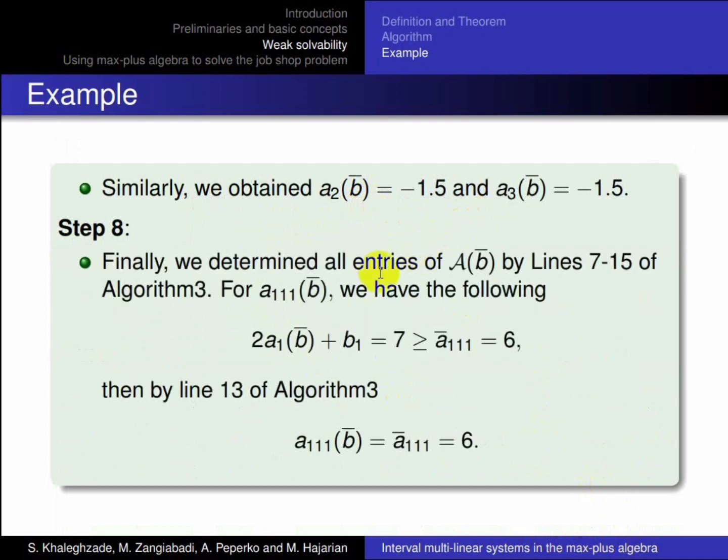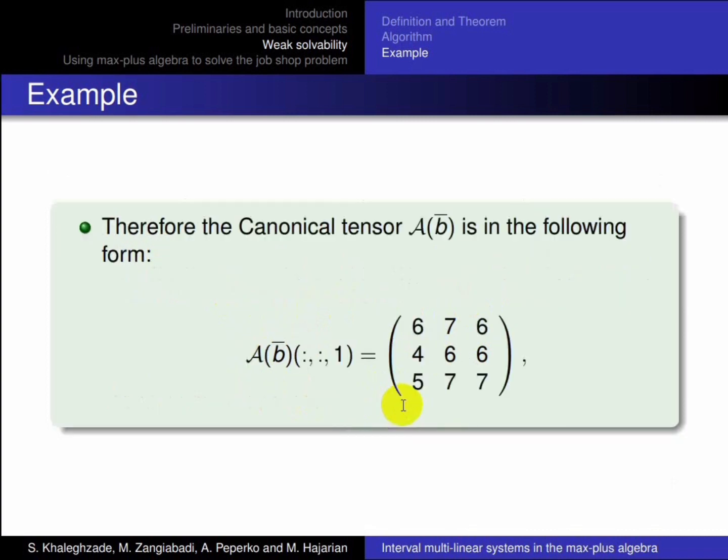Finally, we determine the integers of A of B bar, and for A11 of B bar, we have the following. Then by the algorithm, this amount equals 6. Therefore, the canonical tensor A of B bar is in the following form.